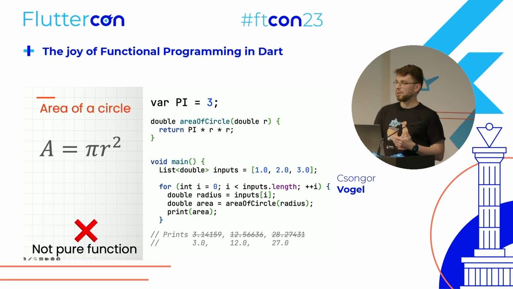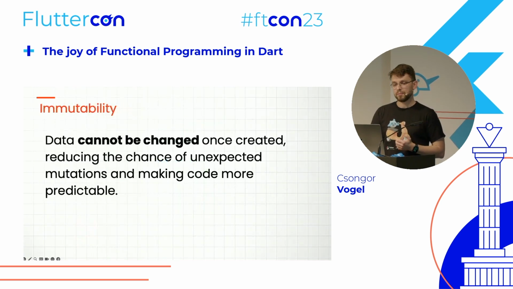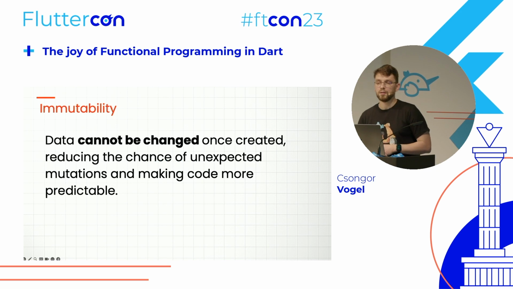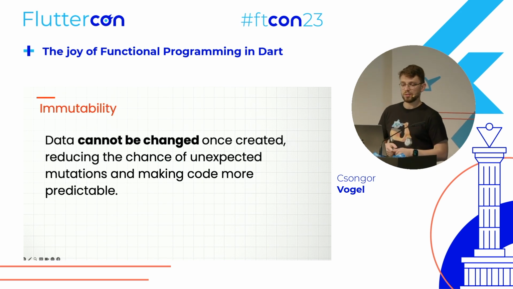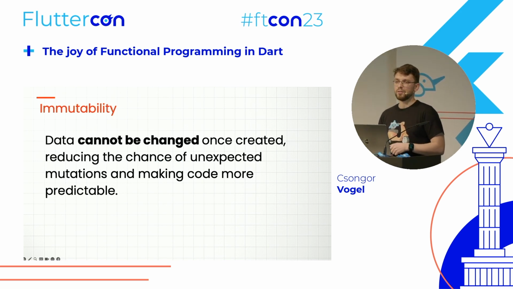What can we do? How can we ensure that our function is only based on the parameters we provided? The mathematicians solved it by introducing another principle, the principle of immutability. According to immutability, data cannot be changed once it's created, reducing the chance of unexpected mutations and making our code more predictable. This is exactly what we needed in our case.